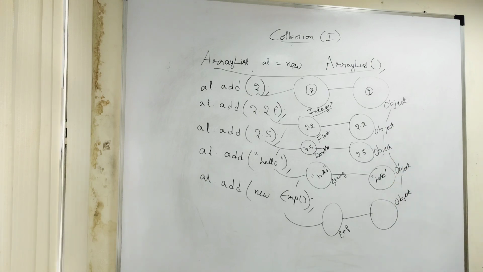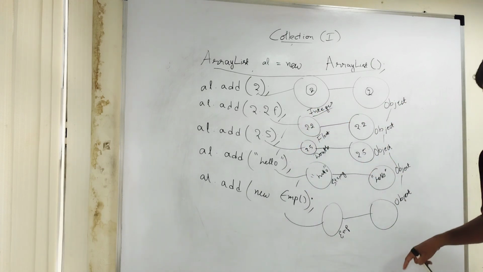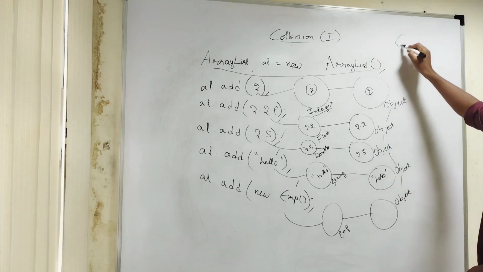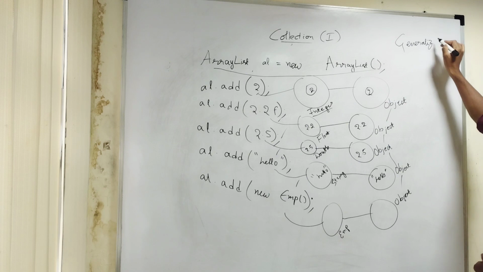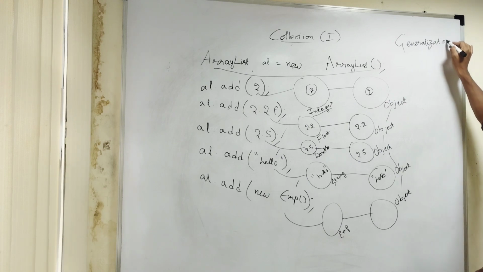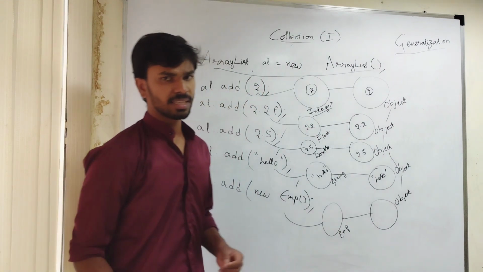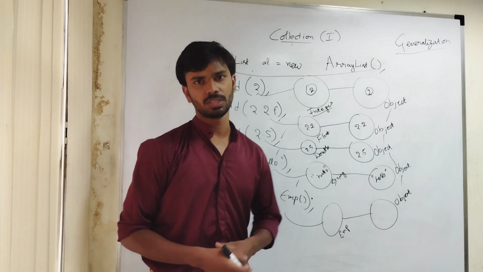Each and every data is converted into one common data type. This mechanism is called generalization. So using the generalization concept, the collection object is able to store heterogeneous data.